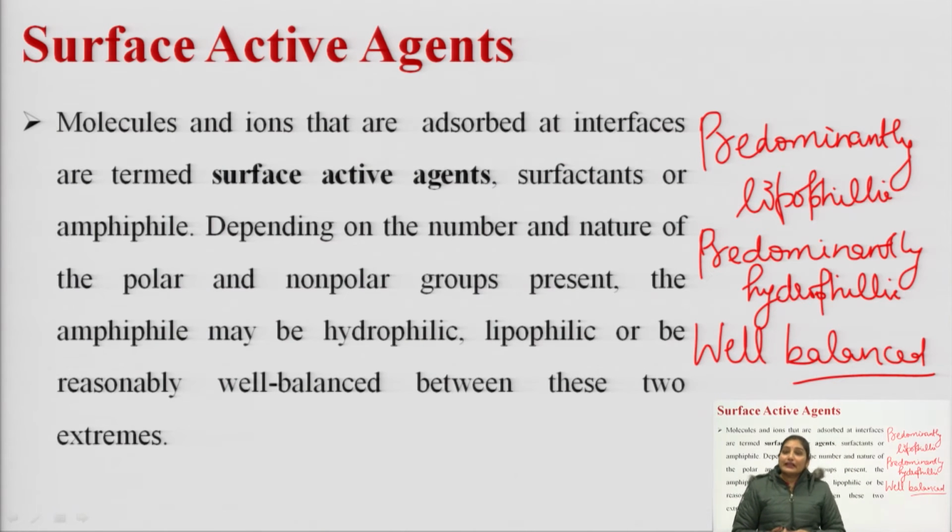Because they contain both hydrophilic groups as well as lipophilic groups. Depending upon the number and nature of the polar and non-polar groups present, they can be predominantly lipophilic, predominantly hydrophilic, or well balanced.